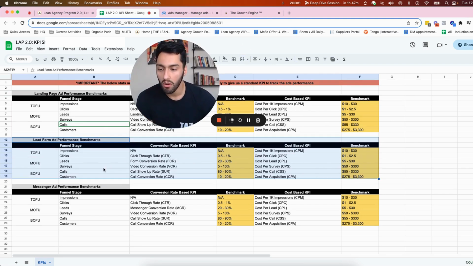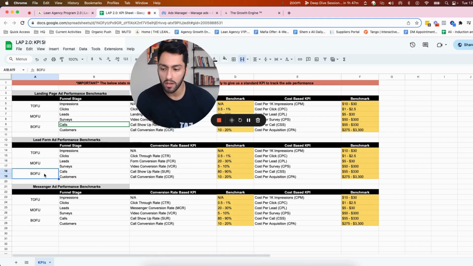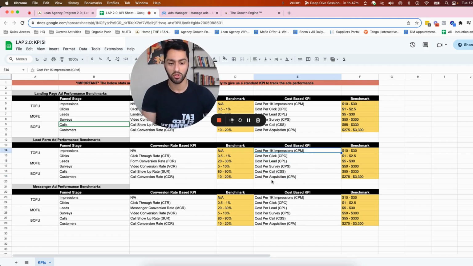Top of the funnel, middle of the funnel, bottom of the funnel, different metrics to chase. In terms of CTR, this is what you have to aim for. In terms of the cost per click, cost per lead, cost per acquisition, and CPM, these are the metrics I want you to look at, and have something as a reference point.